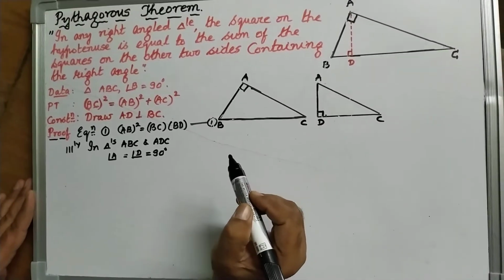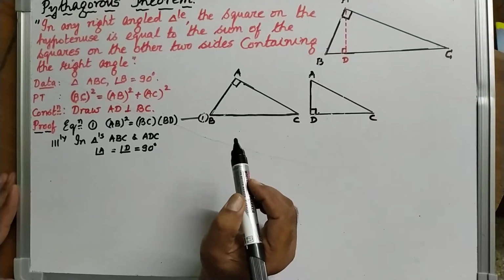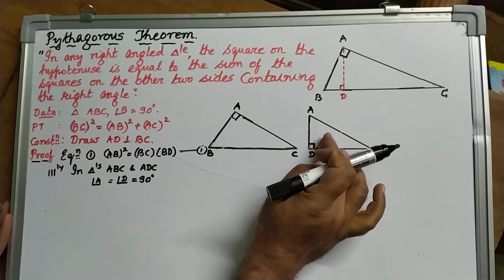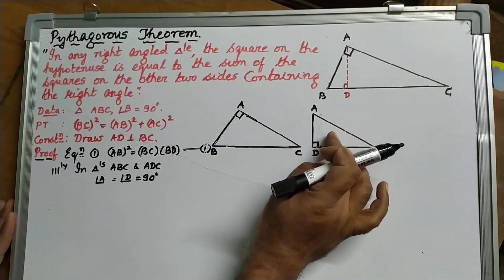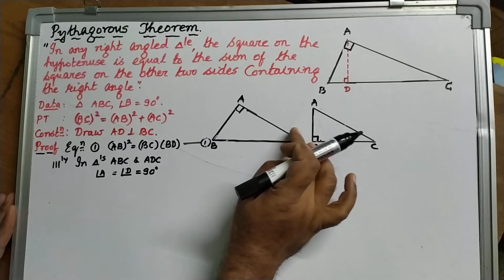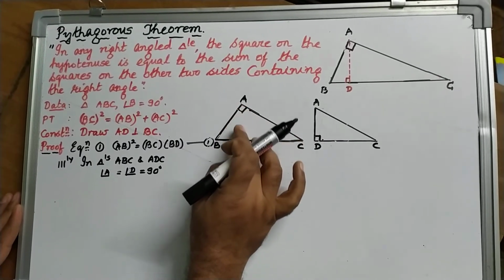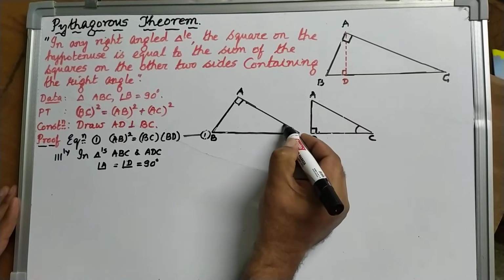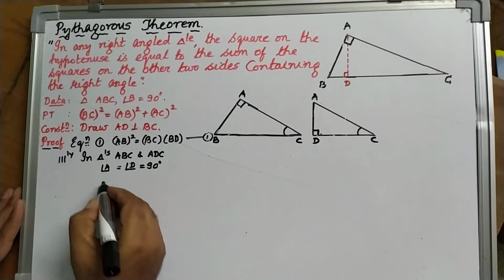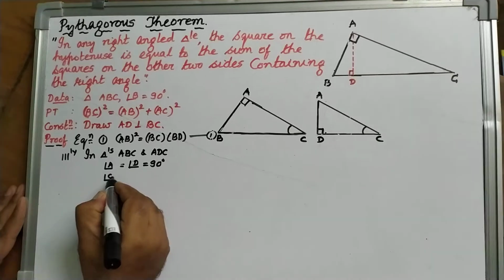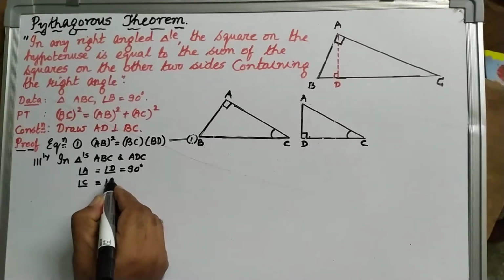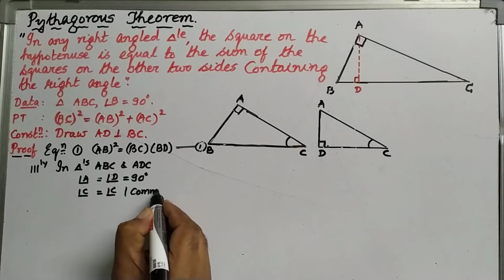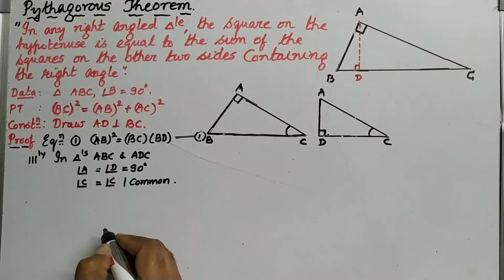Now again, I'll retrace what I told you in the first part of the proof. If this second triangle, which is the reference figure which is drawn, is dragged and placed in the original triangle, we can see that angle C will be common. So angle C of the first triangle and angle C of the second triangle are common and naturally they'll be equal.